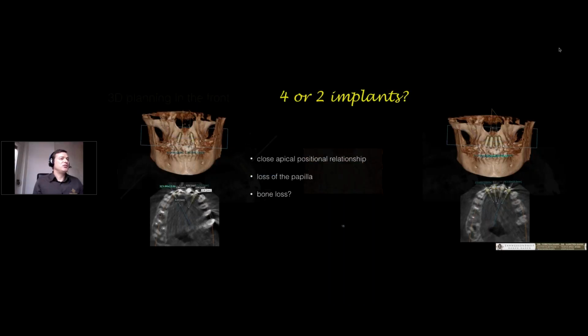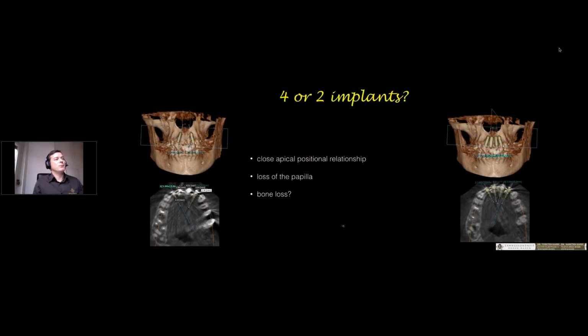So you see the next pictures. This is very important for the planning. If you're going to the front, this is a case where we're losing 4 teeth. It's very important to put only 2 implants inside, and today we only put 2 implants in this region, because it's much easier to get a stable soft tissue and a long-term aesthetic result.